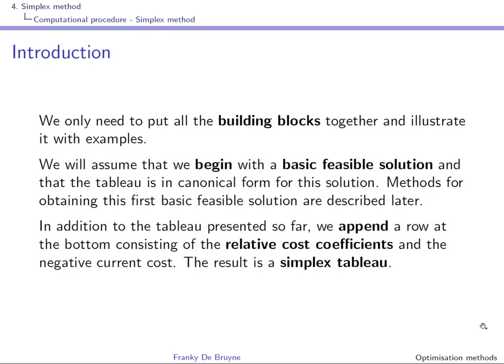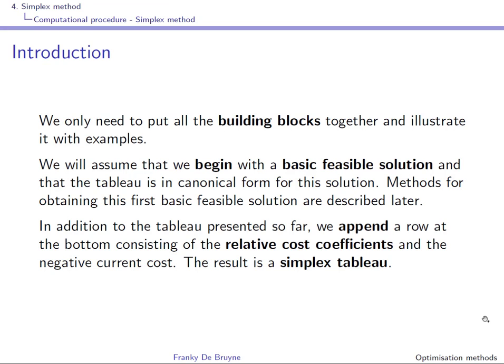We will deal with this later in the course, and this will lead to artificial variables and so-called two-stage simplex problems. We will see next that in addition to the tableau presented before, in canonical form, we have to append a row at the bottom that takes into account the costs, and this will produce a row with the relative cost coefficients.